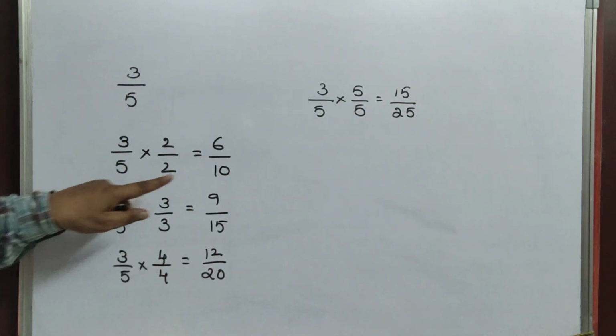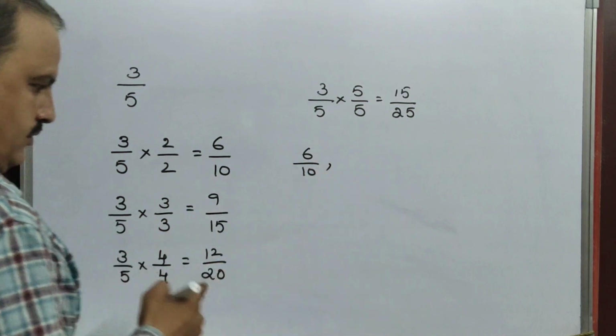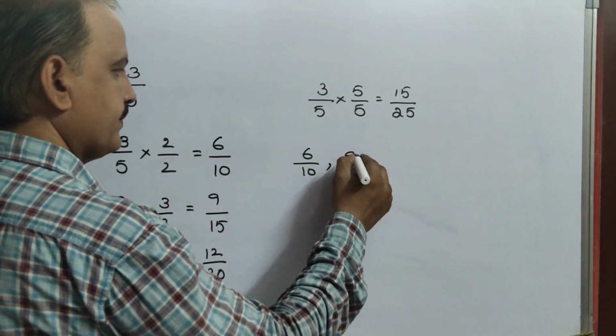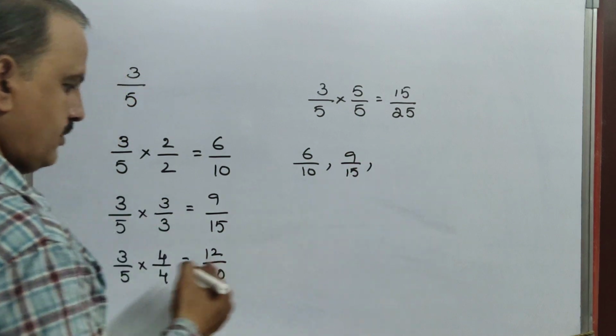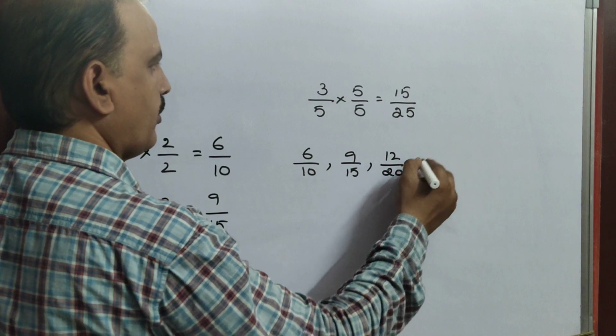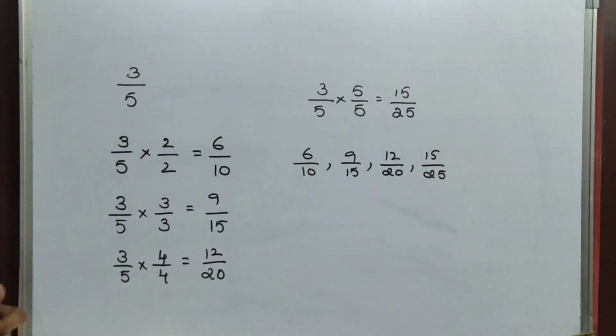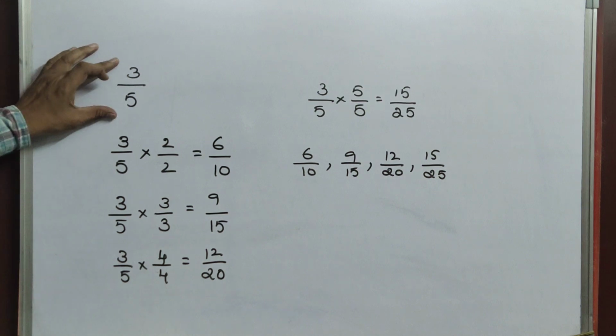That means 6 by 10, 9 by 15, 12 by 20, 15 by 25 are equivalent fractions of 3 by 5. How?